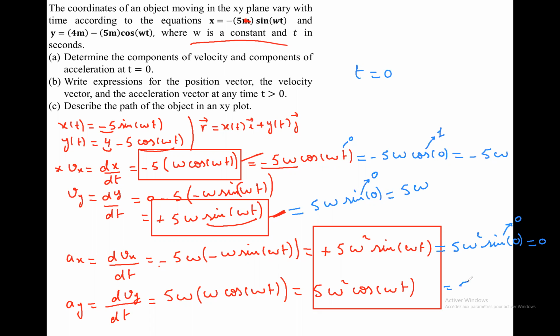And ay equal 5 omega square cosine 0, this one equal to 1, so equal 5 omega square. So this is the answer in the case of t equal to 0.